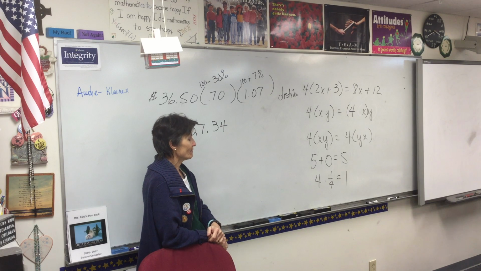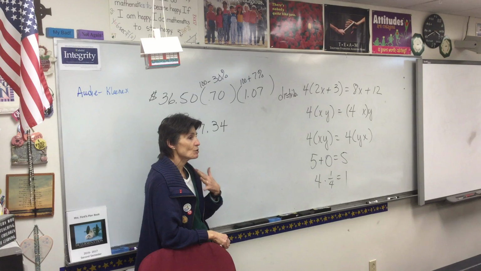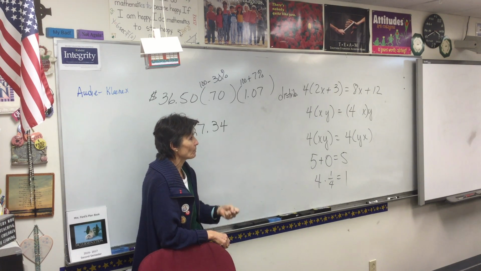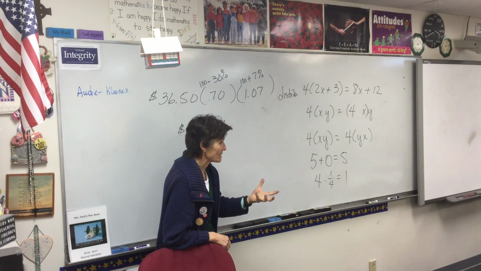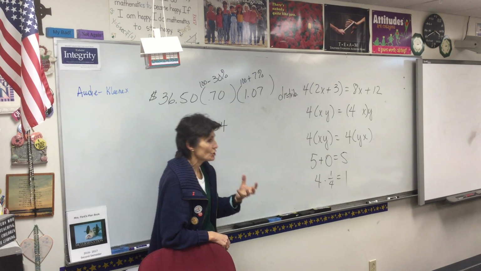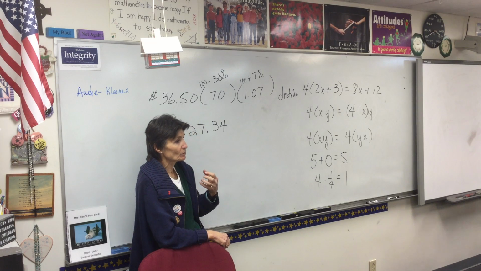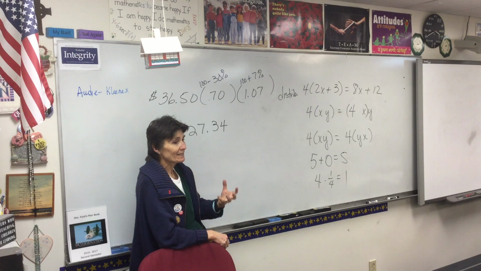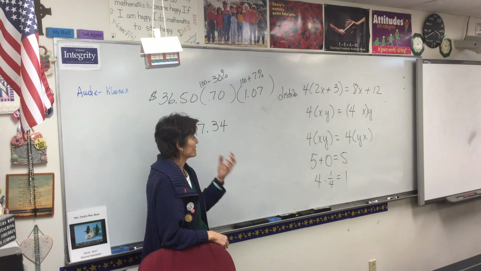That's associative of multiplication. The associative property, now listen, associate. When you associate yourself with people, don't you group yourself with them? Aren't they part of your group? If you are dealing with grouping, it is associative.